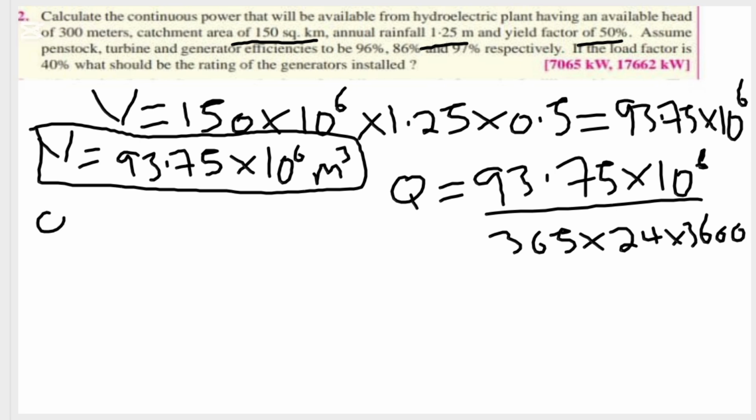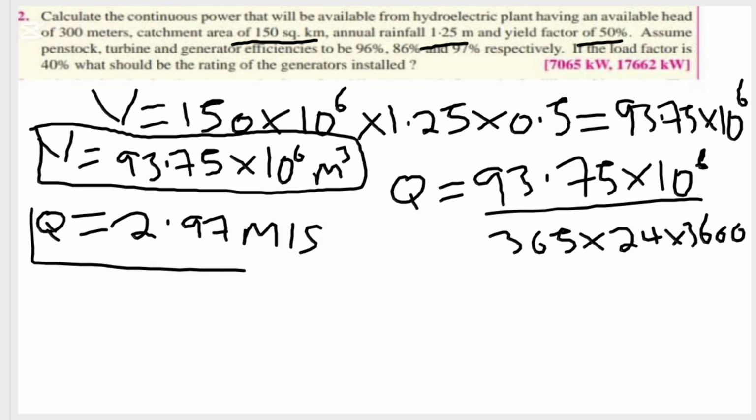So my Q, which is the flow rate, will now become 2.97 meter cubed per second as my flow rate. So the next thing that I'm going to do, I'm going to find the overall efficiency.